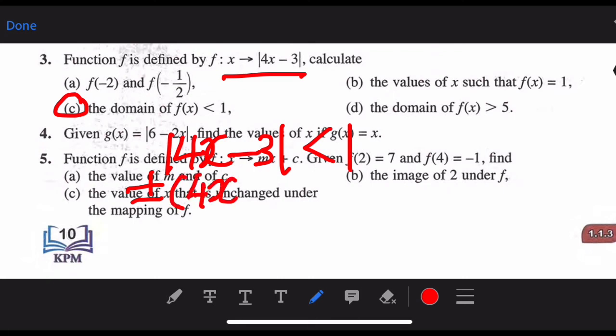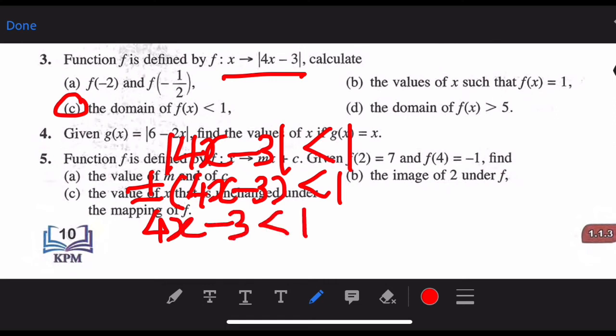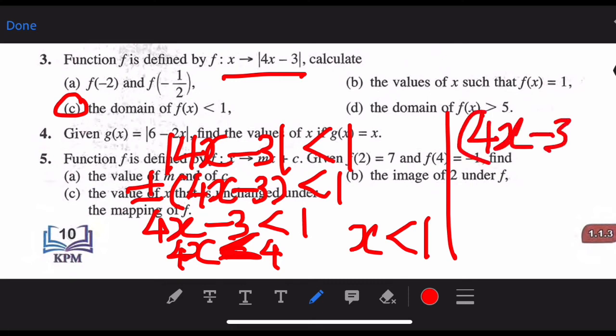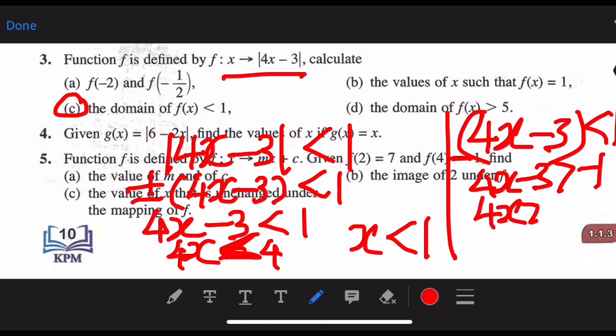For positive, 4x minus 3 less than 1, you solve it, 4x less than 4, so x less than 1. Then for the other one, there is a negative here, less than 1, so it becomes 4x minus 3 more than -1, 4x more than -1 plus 3, which is 2, so x is more than 1 over 2.